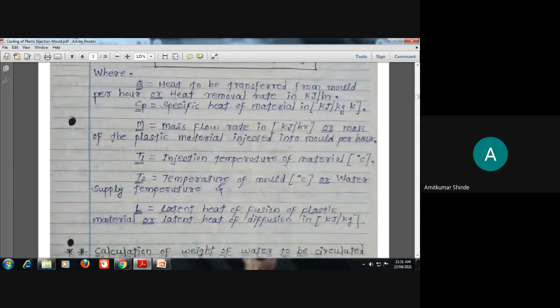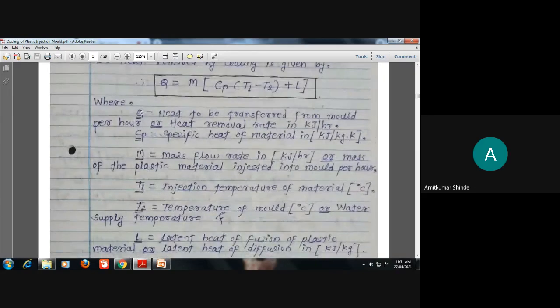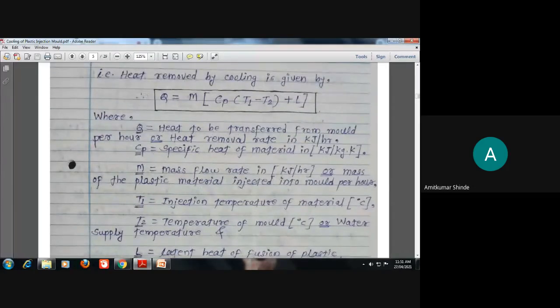So the rate of heat removal by the cooling circuit depends on these factors: mass flow rate, specific heat of the material, injection temperature of the material, temperature of the mold or water supply temperature, and latent heat of fusion. Depending on these factors only, you can calculate the rate of heat removed by the cooling circuit.